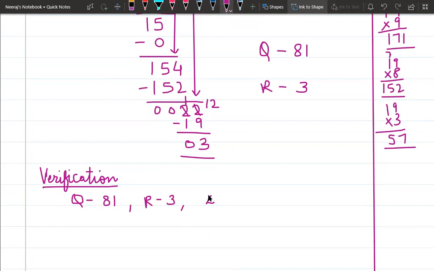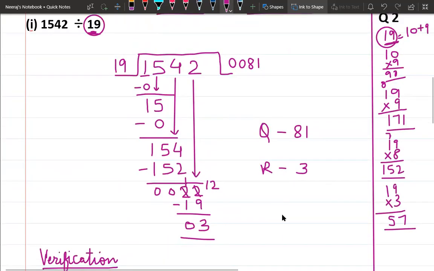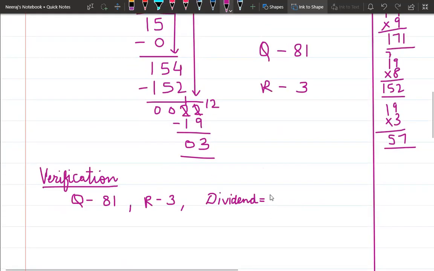And your dividend is, just scroll up to see the dividend, 1542. And your divisor is 19. I am writing div dot, it is divisor. So I have just written the 4 things: quotient, remainder, dividend and divisor.